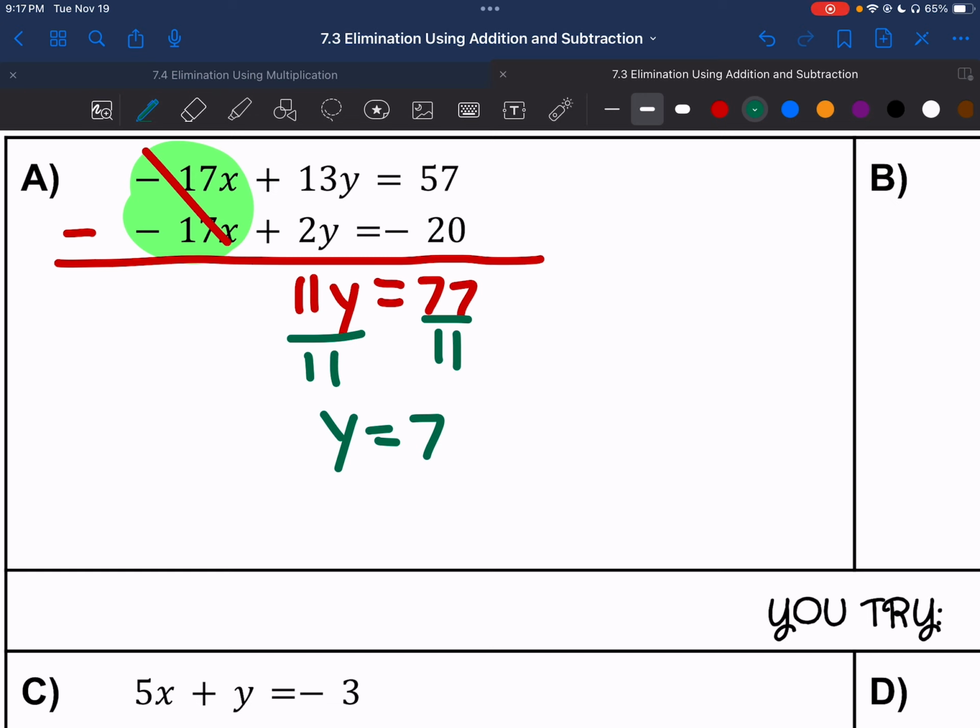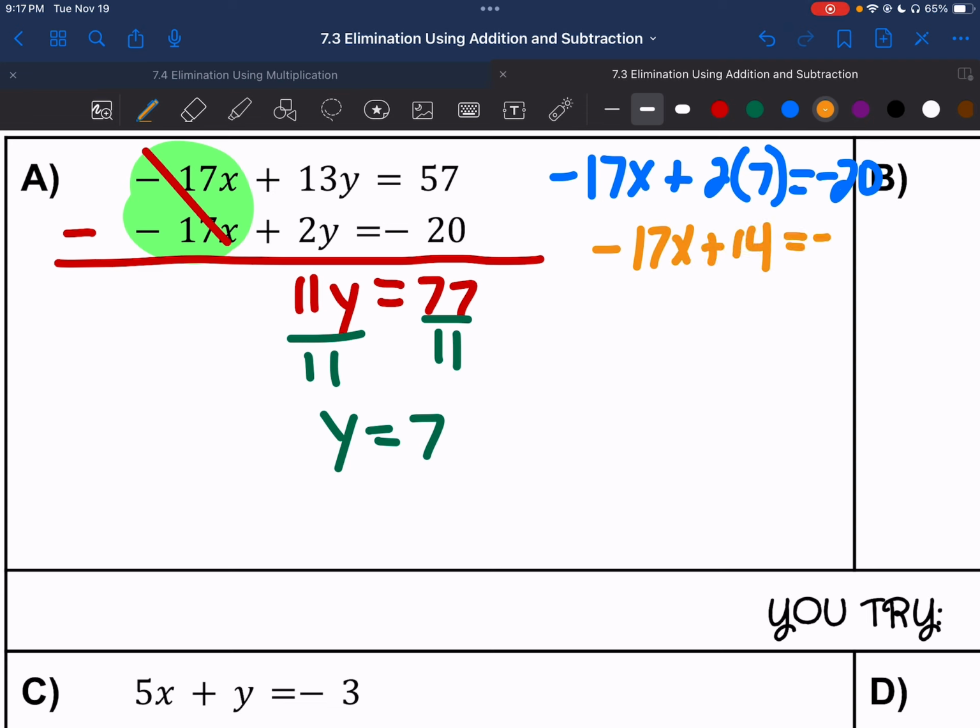So we are going to substitute that into one of our equations. It really doesn't matter which one. I'm going to pick the bottom one. So we have negative 17x plus 2 times 7 equals negative 20. Now, when I multiply, we've got negative 17x plus 14 equals negative 20.